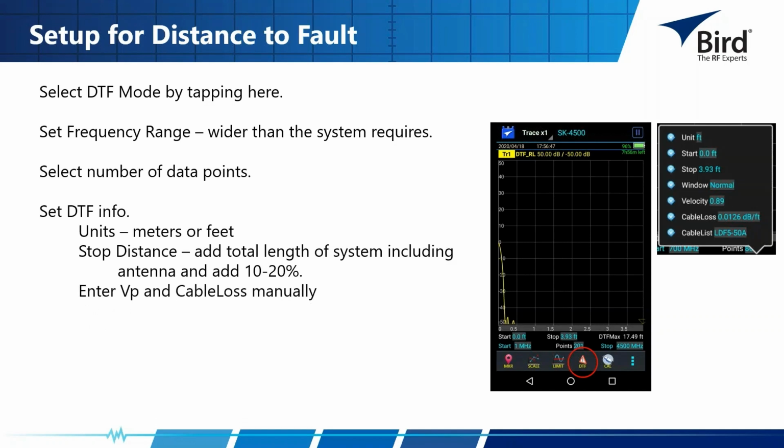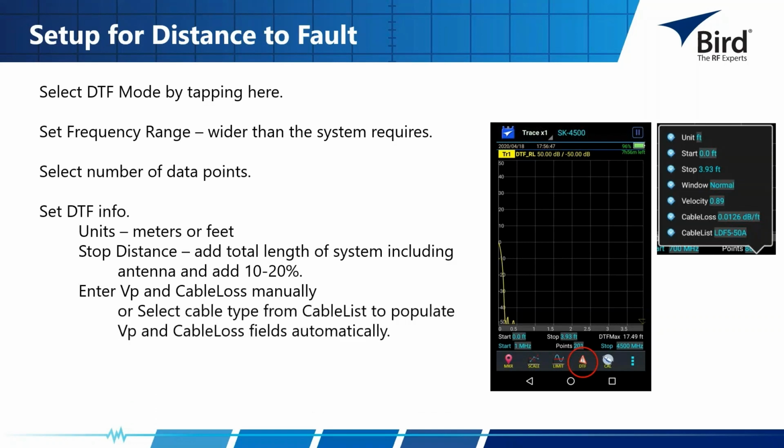Enter the velocity of propagation and cable loss manually, or select the cable type from the cable list to populate the VP and cable loss fields automatically. When you select the cable list, there are approximately 94 pre-programmed cables in that list. If your cable isn't in there, you can always add to it.